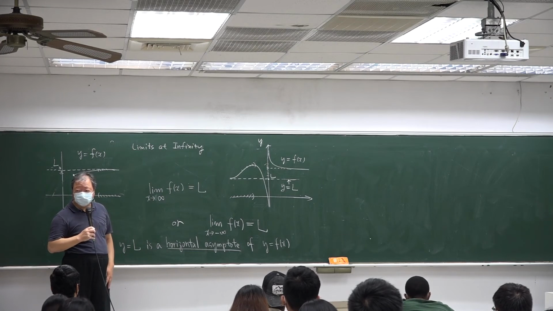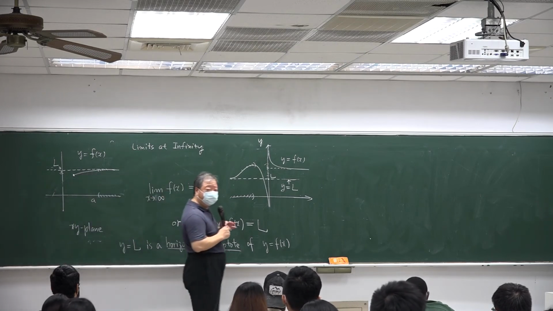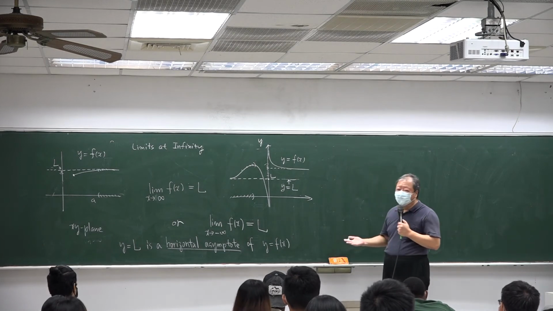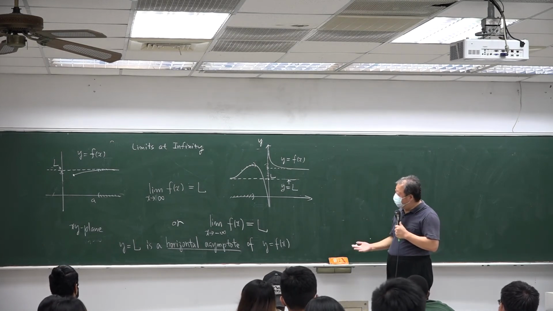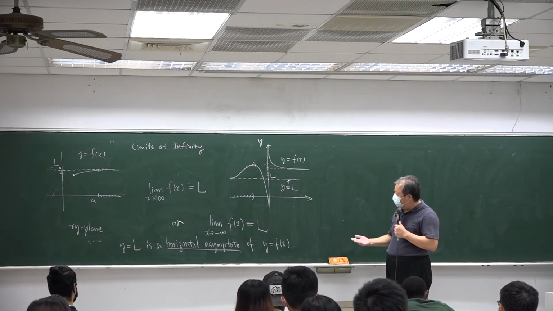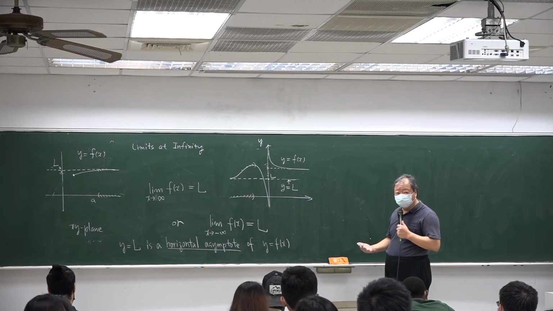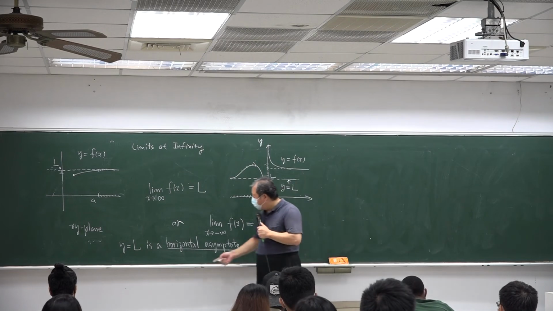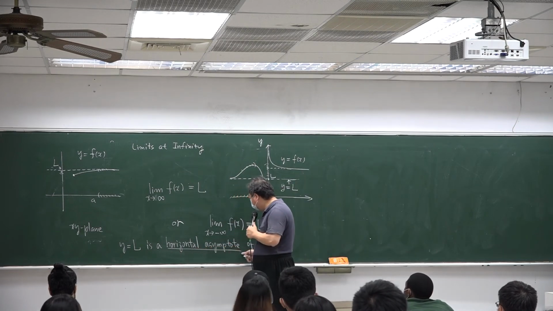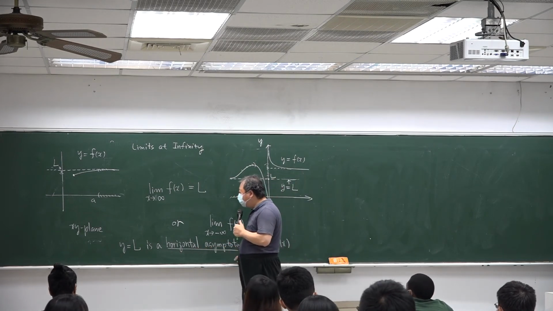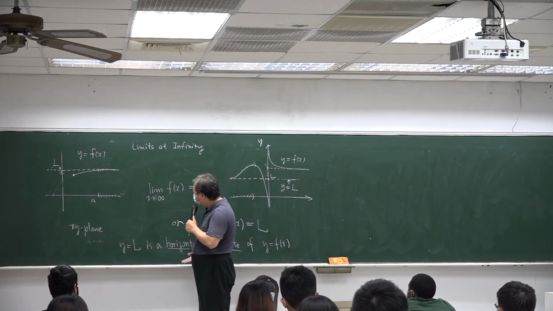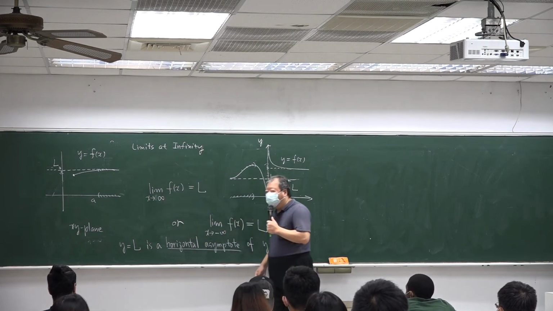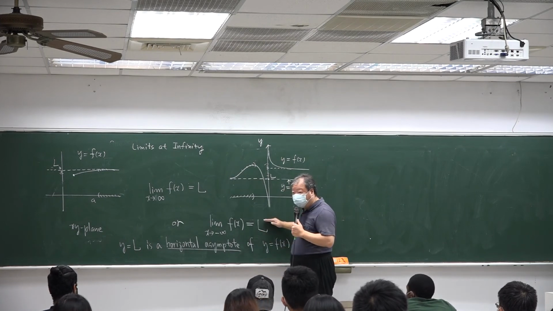Yes, very good. So a definition makes things easier. When we say y equals L is a horizontal asymptote of the function, it automatically means this holds or this holds.